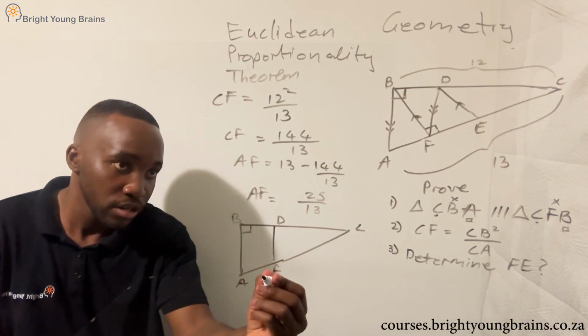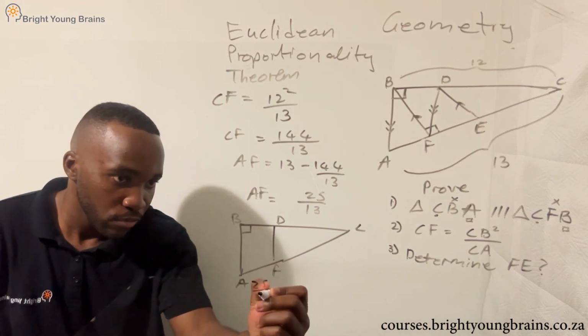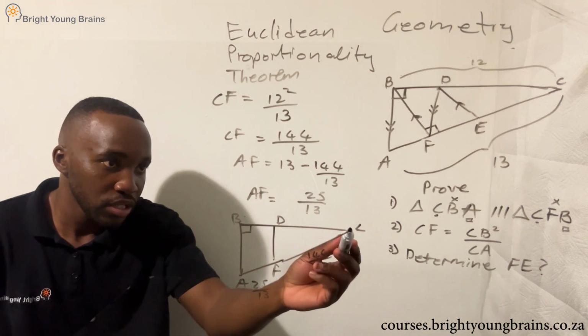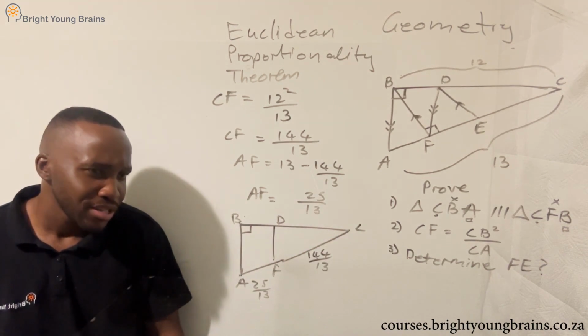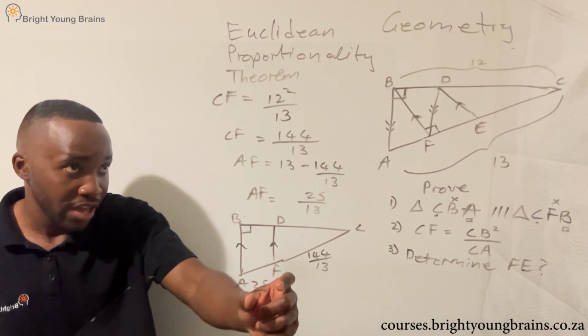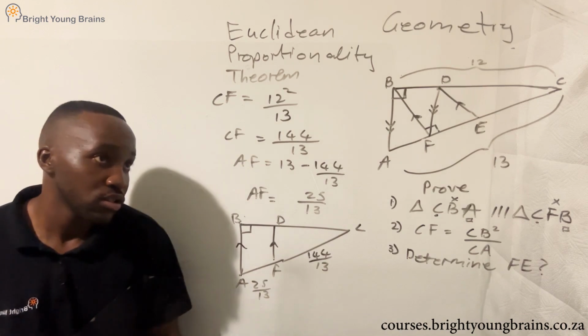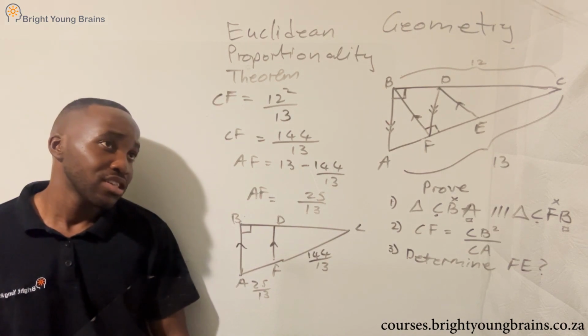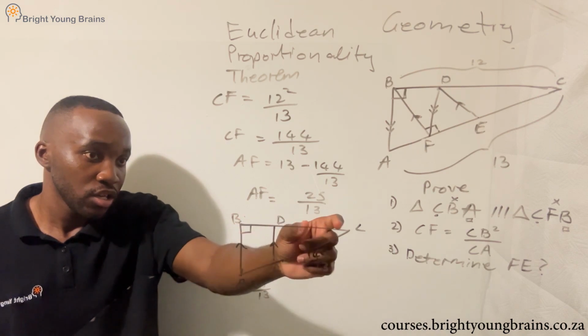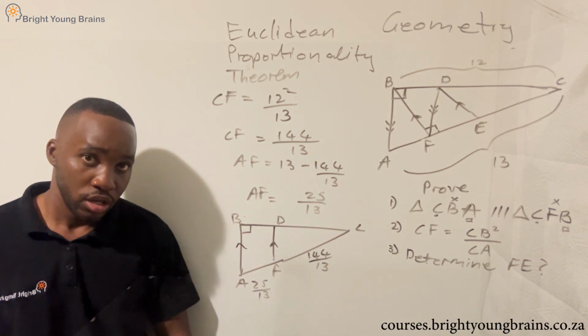So we have AF, right? It's 25 over 13. We have CF, BC is 12. So automatically, we have a ratio of this line to this line, you see, and automatically that's going to give us the ratio of BD to DC.